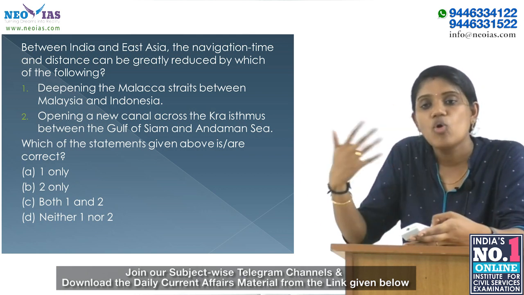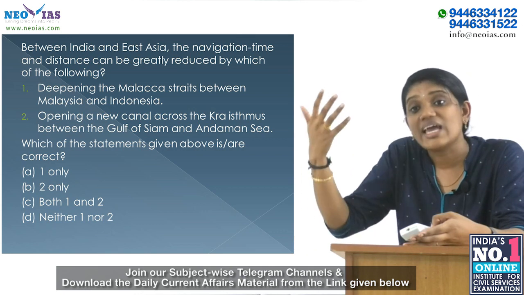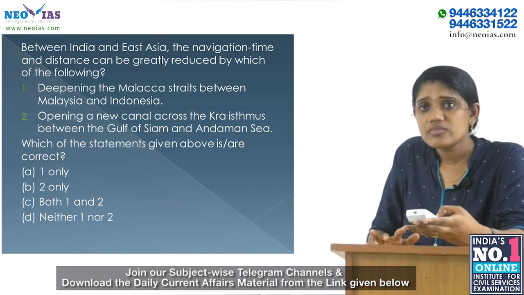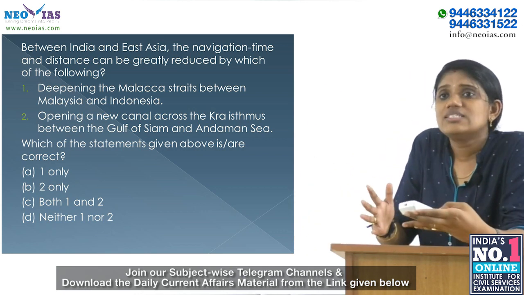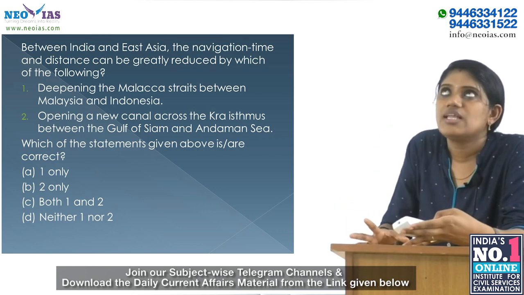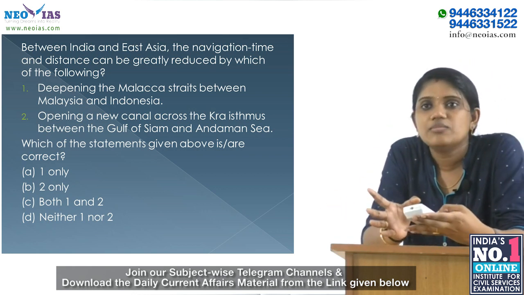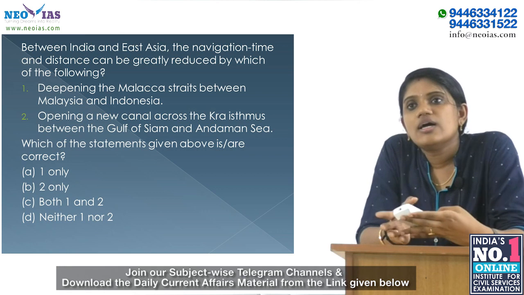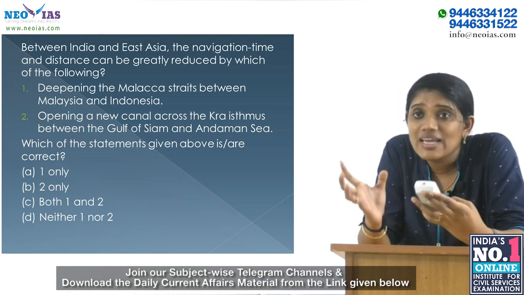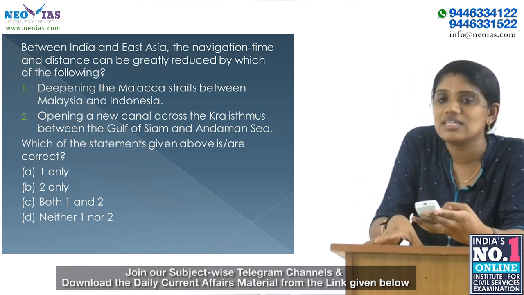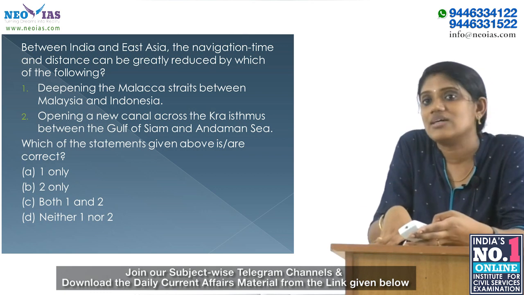Okay. So it is depending on its economic importance. So the issue is that most of the ships cannot pass through this because of its size. And the size of the biggest ships which can enter through this region is called Malacca max.